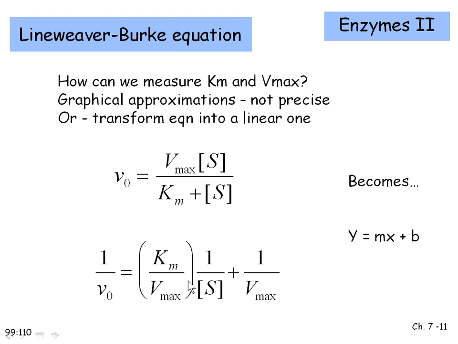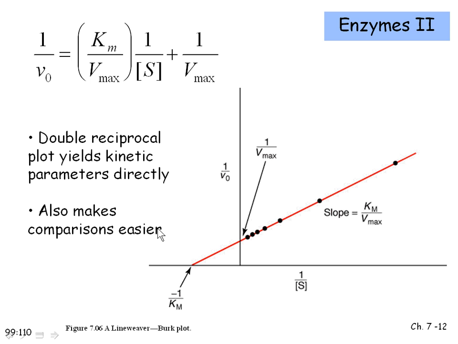And the slope here will be the ratio of the affinity and the Vmax, and the intercept will be 1 over the Vmax. And in practical terms, what that looks like is this. It's a graph called a double reciprocal plot. That is, 1 over V0 is a reciprocal, 1 over substrate is a reciprocal.